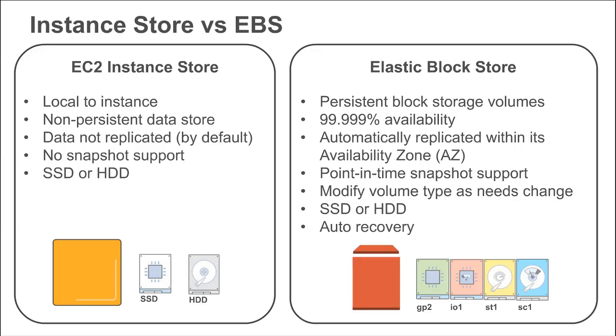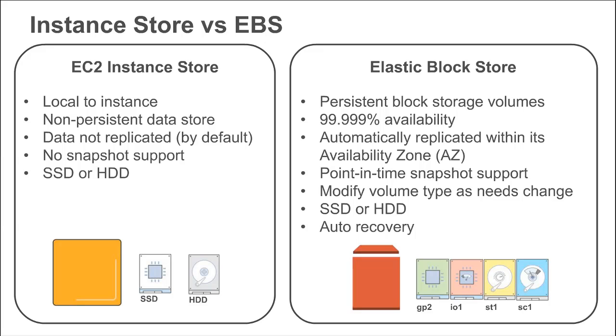EC2 Instance Store is ephemeral. Data stored on the instance store volumes does not persist beyond the life of the EC2 instance, so you need to think of it as temporary storage. Data on EC2 Instance Store volumes is not replicated, but there's really nothing to prevent you from setting up replication yourself, setting up maybe a RAID volume, or replicating that data, say, to another EC2 instance.